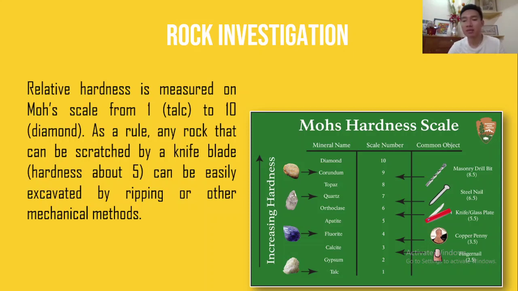On the Mohs scale, the rocks that can be easily excavated are talc, gypsum, calcite, fluorite, up to the apatite. A scale number of 6 to 10 is really hard. Only those from 1 to 5 can be excavated by ripping or other mechanical methods.